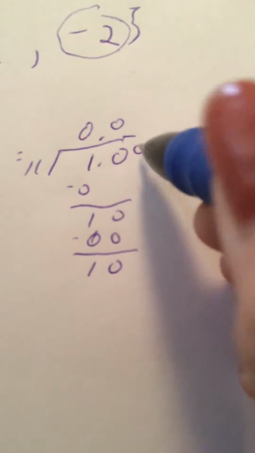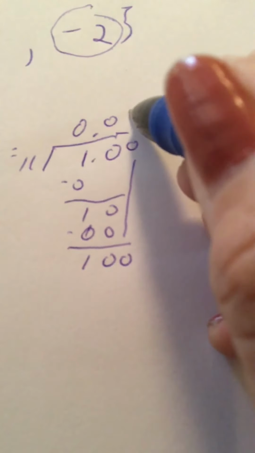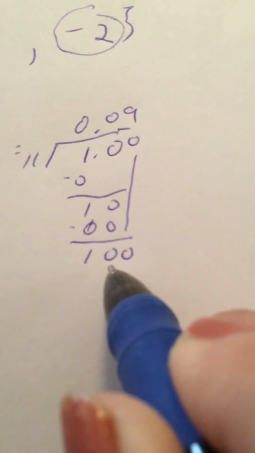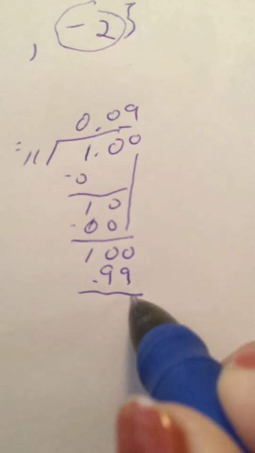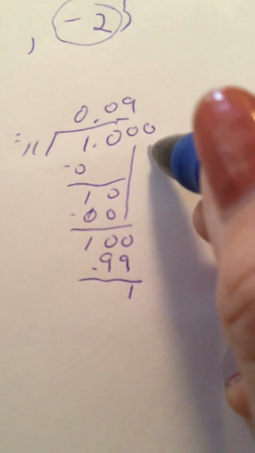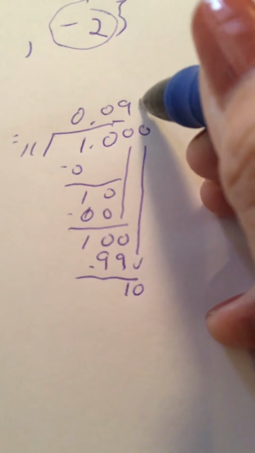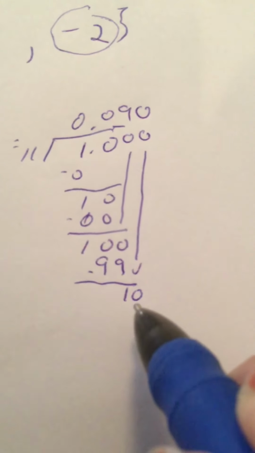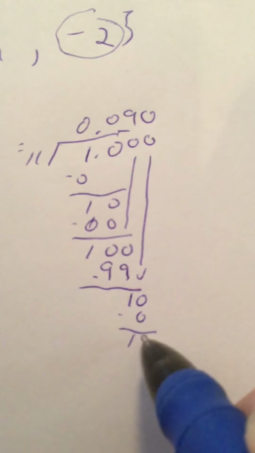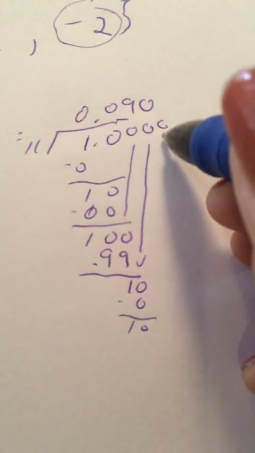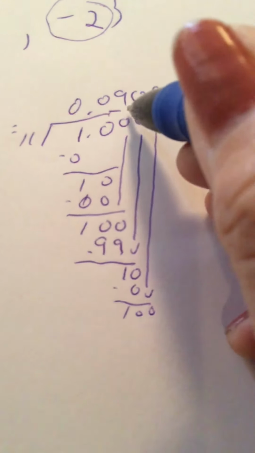I'm going to annex a 0. 11 will go into 100 9 times. I'm going to bring down another 0. That's 0 times. And I'll do one more. And that's 9 times.